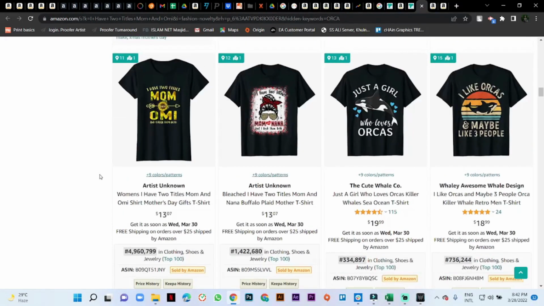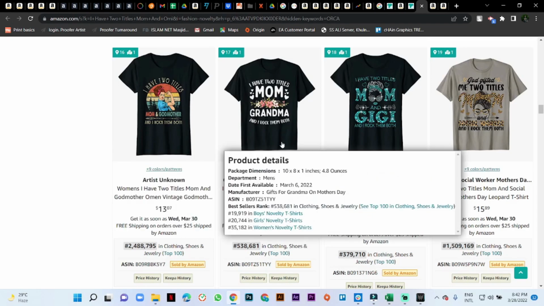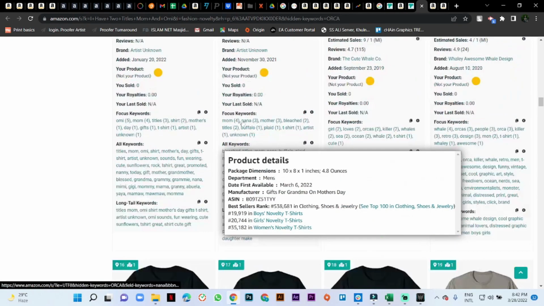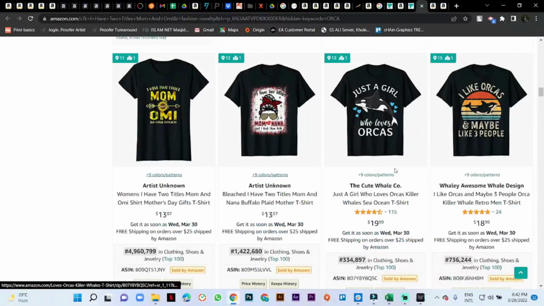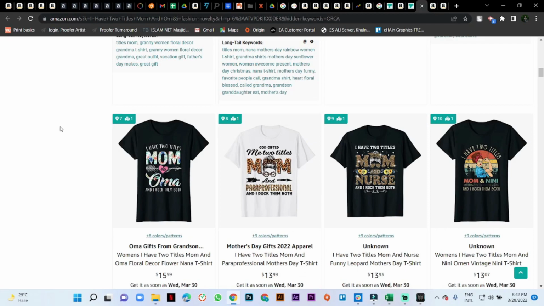I think we can just keep this in our list because this is a niche that you can scale up with one design, right? Because you can have grandmother, grandma, Gigi, Mini, Omi, Oma, nurse. So with one graphic, this is probably going to be helpful for tier 500 and above.